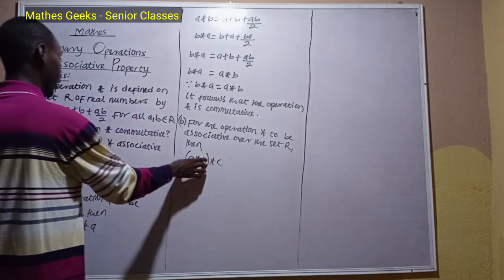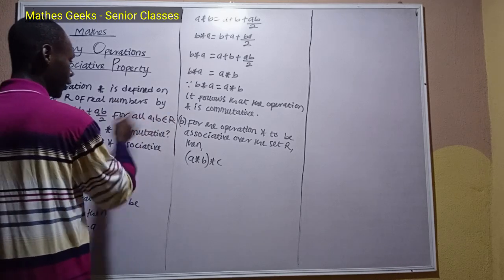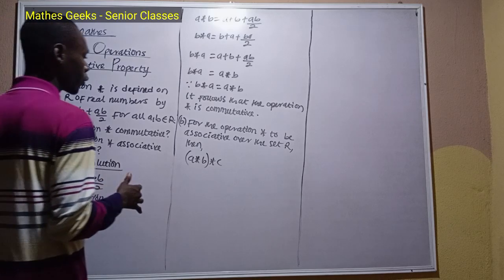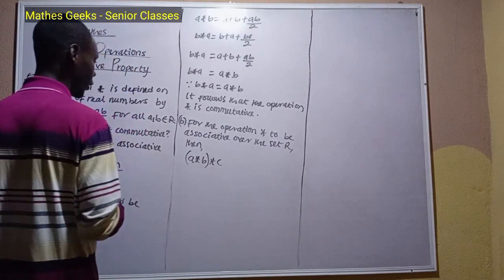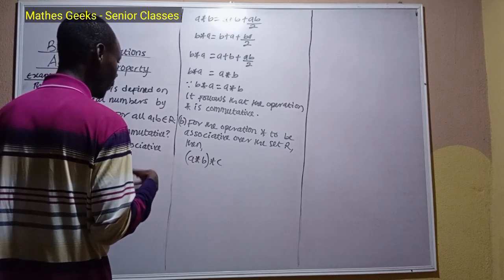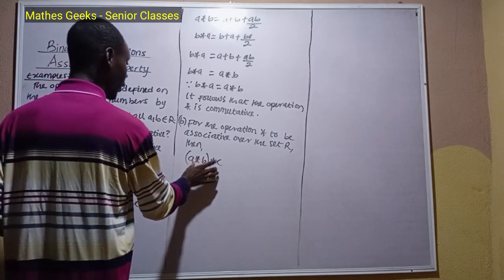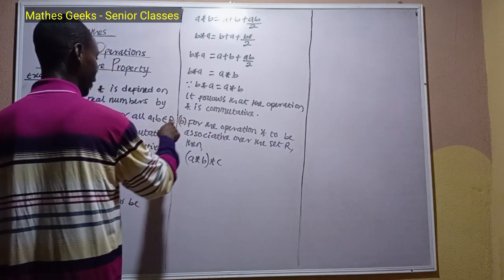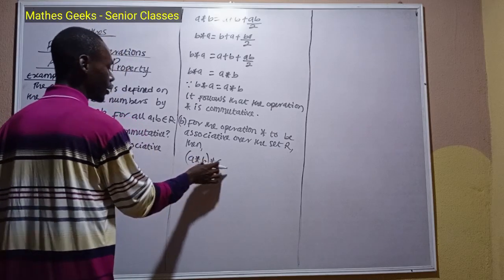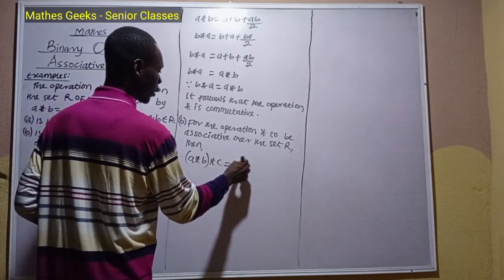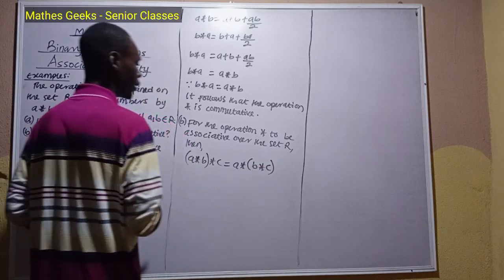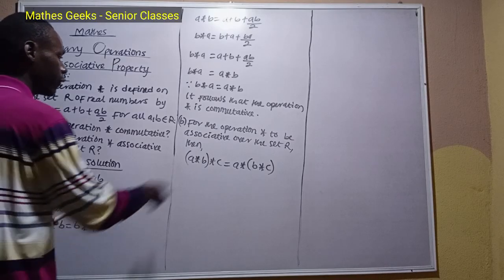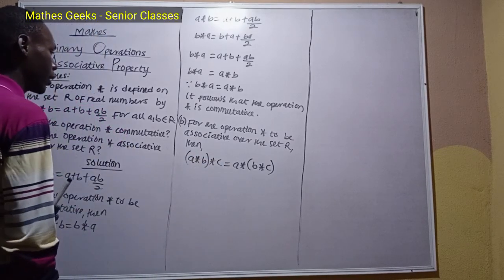Now A star B are elements of the set R, so star C, which is the third element, because the associative property usually involves combination among three elements of the same set, members of the same set, and the same operation. So A star B will combine with another element which is also a member of the set R, which is C. So if (A star B) star C is equal to A star (B star C), then we can see that the operation star is associative over the set R. But if it is not, then the operation star is not associative.